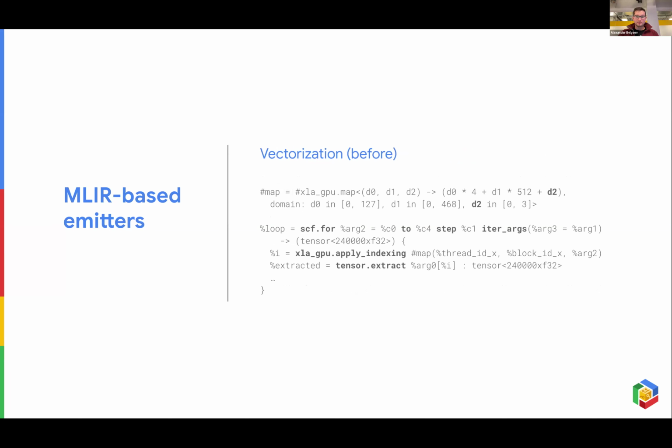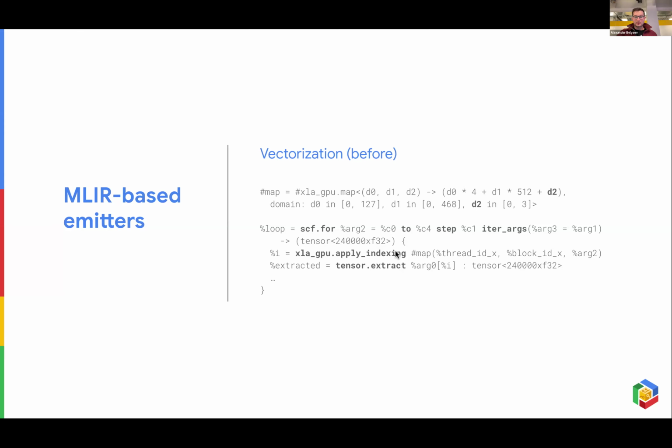And it becomes useful during code generation, because if you have an apply_indexing op and you know everything about the ranges of the indexing op inside, then you can vectorize the tensor extract. For example, here you can see a tensor extract within a loop that goes from 0 to 4, it extracts some elements and does something with them.